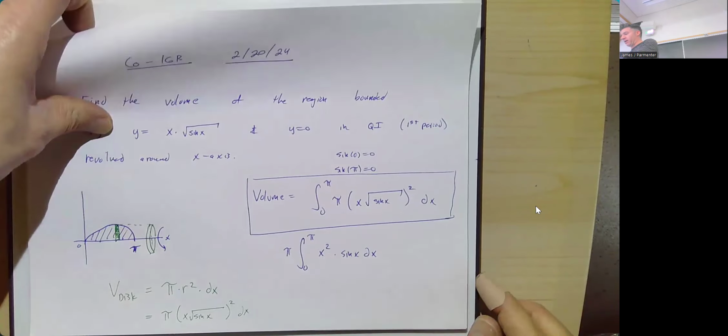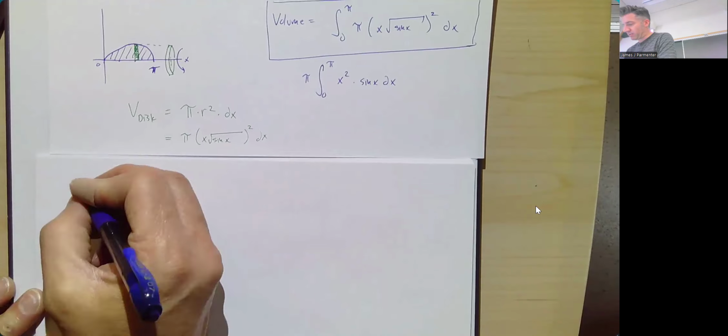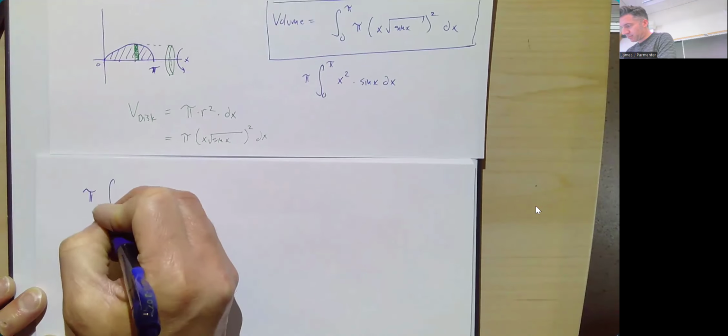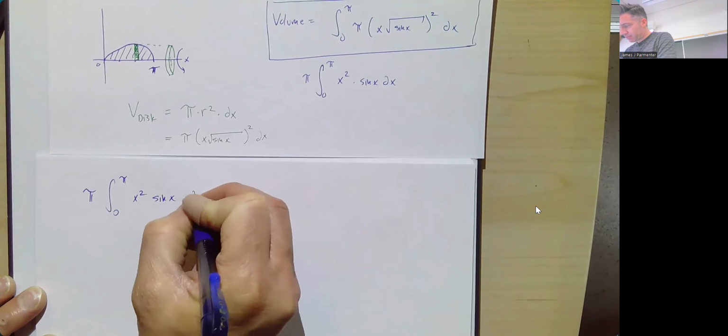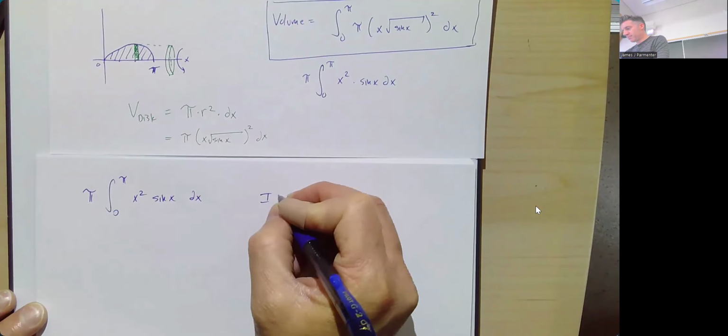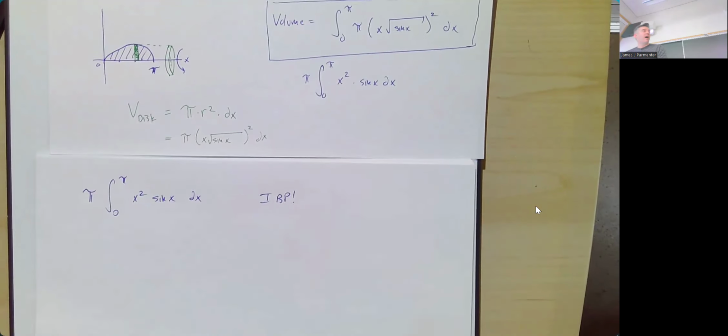Now, here's something I want to say about definite integrals when you're doing integration by parts. It's really not fun to carry those limits of integration throughout the whole entire problem. Let me show you what I mean.